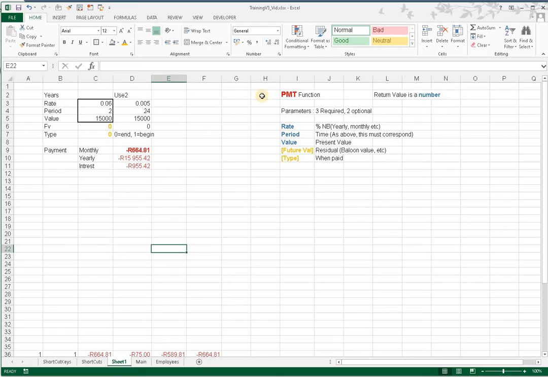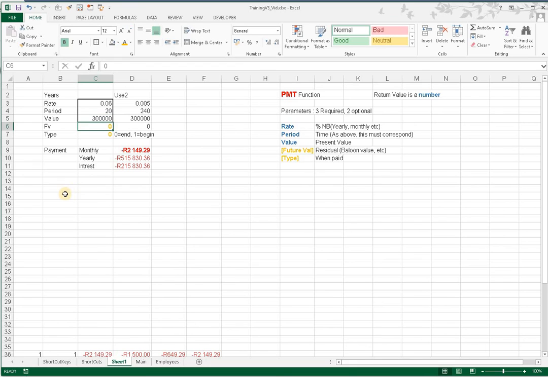Everything is possible, but I wanted to show the PMT function, and the PMT function is basically what I've shown you so far. Using the variable parameters, I could now change this to a 20-year bond. I can borrow 150,000 or 300,000, whatever.